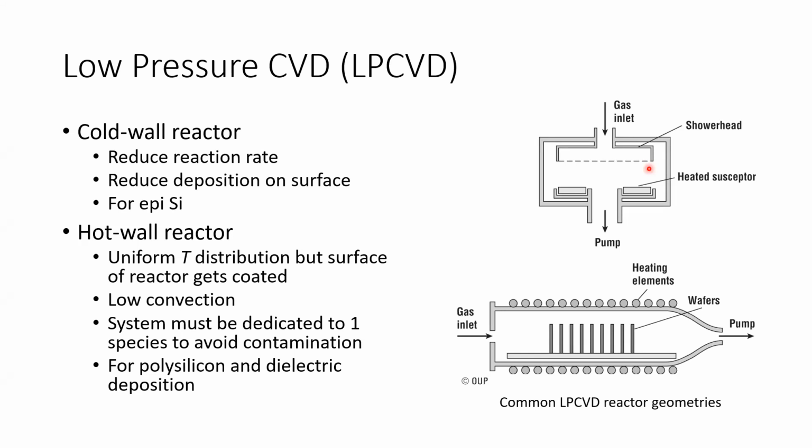Another good thing is that, because the temperature is uniform, we can expect much lower convection. If we have a hot region and a cold region, convection will be serious. Also, the system must be dedicated to only one species in order to avoid contamination. A hot wall reactor is widely used for polysilicon and dielectric deposition in IC fabrication.